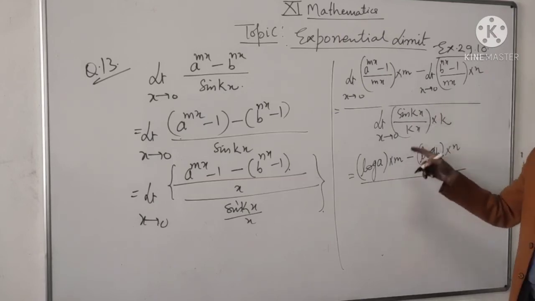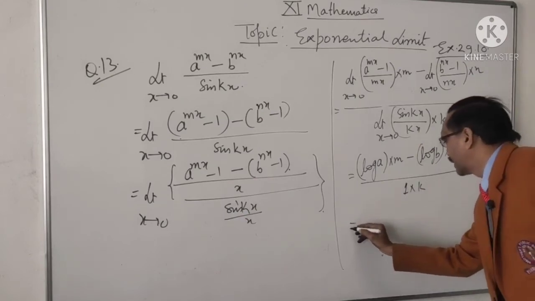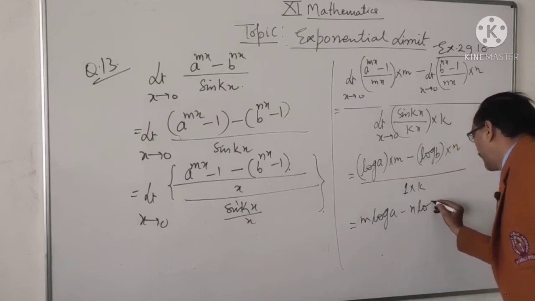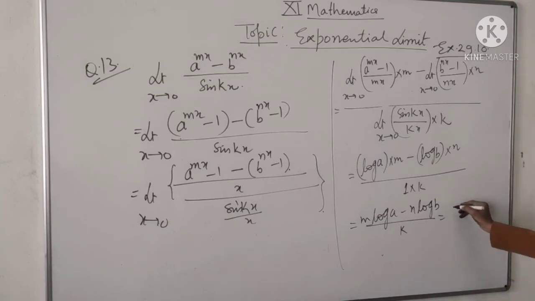So according to that, this limit is 1 into k. So it is (m log a minus n log b) upon k, or we can write log of (a power m into b power n) divided by k, which is the standard limit.